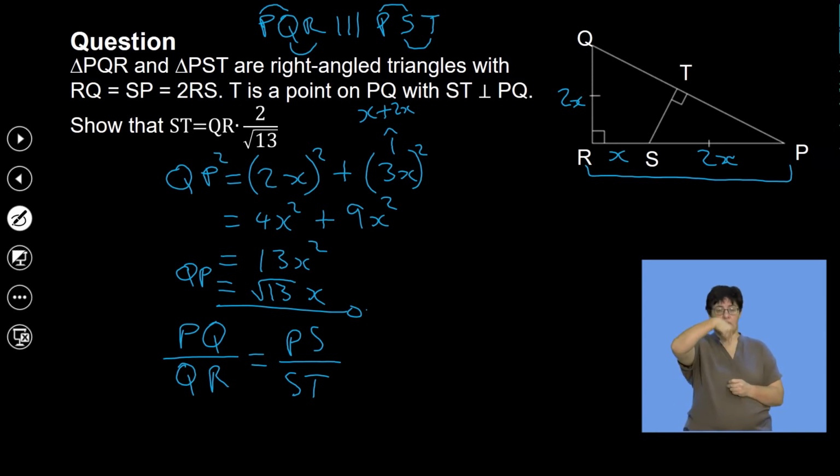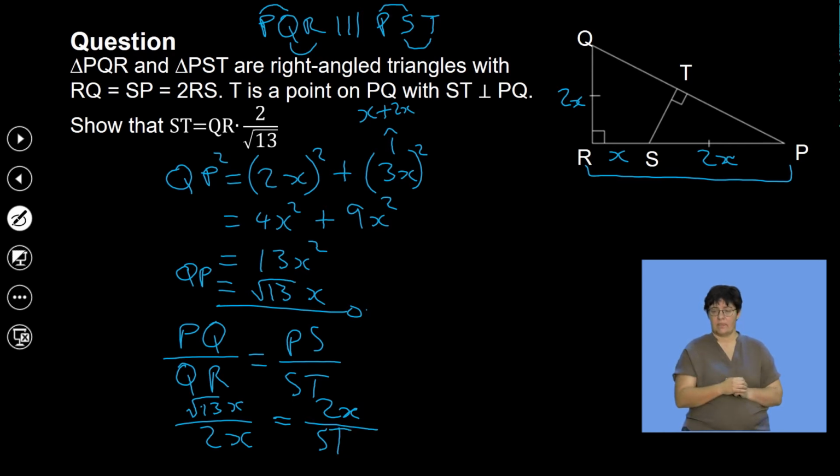PQ, we just found it to be square root of 13 x, over QR, we were given as equal to SP, right, which I said was 2x. So this is 2x, and then this is equal to my PS, which is also 2x. Then all of this is divided by the ST, which is what I'm trying to make the subject of the formula.